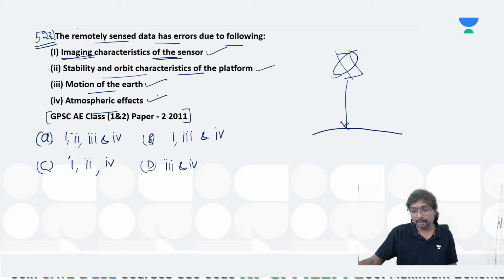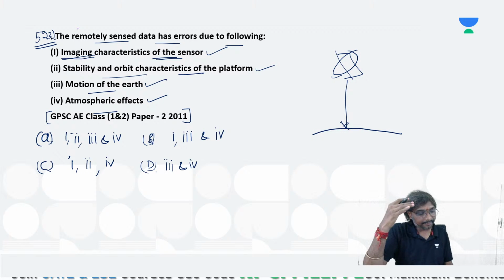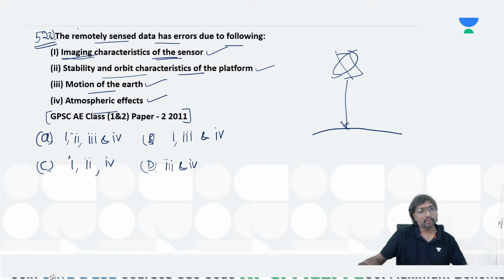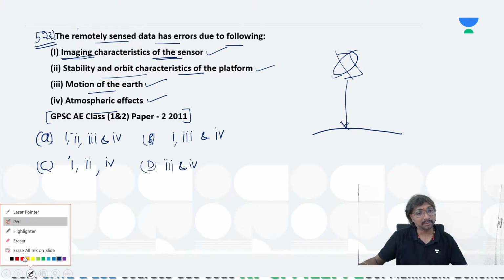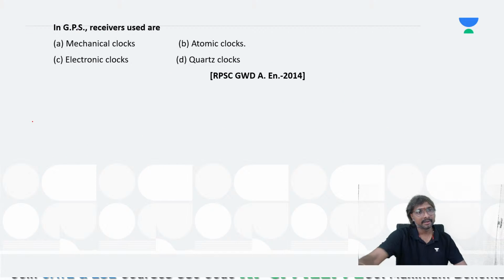Whenever you are sending these electromagnetic rays, the atmosphere also will influence them. So this atmospheric influence will be there, therefore all these effects will result in errors, right? Okay.